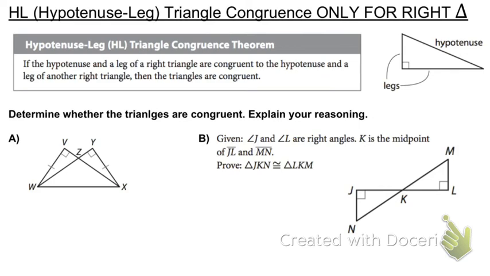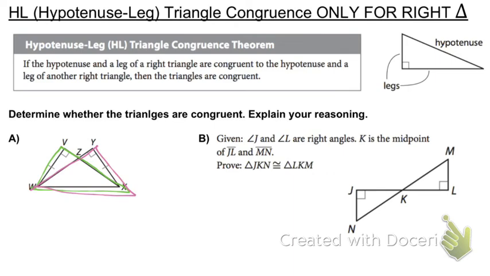Okay. So we're trying to determine whether these triangles are congruent. What kind of triangles do we have? Right triangles. And we're actually talking about these 2 big triangles right now. Do we have enough information to say those triangles are congruent?